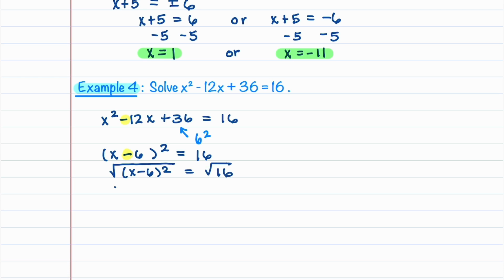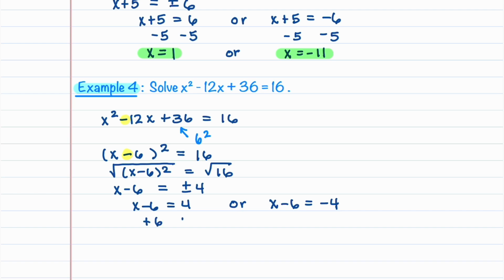On the left, we're going to get x minus 6, and then on the right, we're going to get plus or minus 4. Again, we have two problems. We have x minus 6 is equal to 4, or we have x minus 6 is equal to minus 4. Let's look at the one on the left.